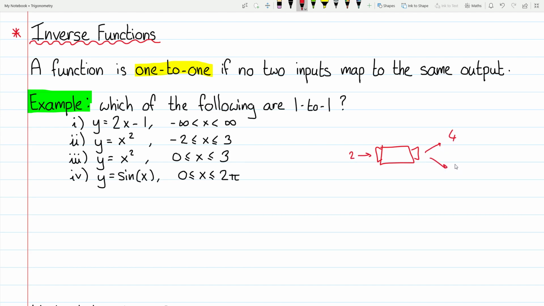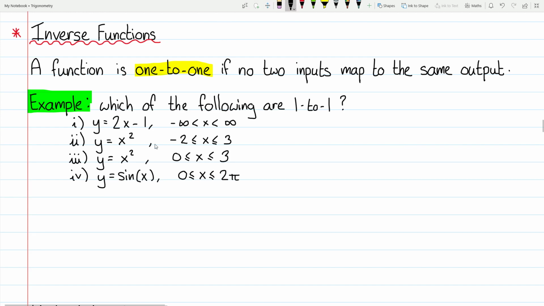We're not allowed that for functions. However, I did say that you can take two values and have them both map to the same output. That was allowed. Well, a one-to-one function doesn't allow this. Every input has to map to a unique output.